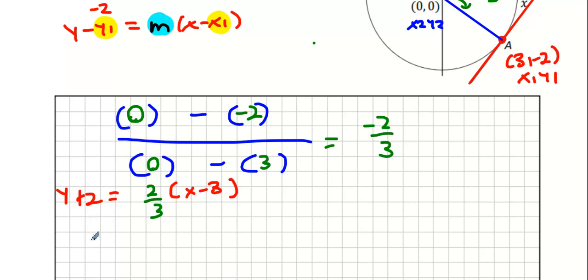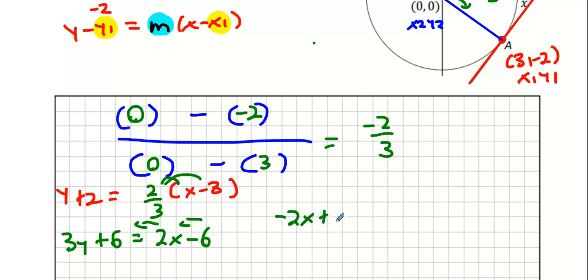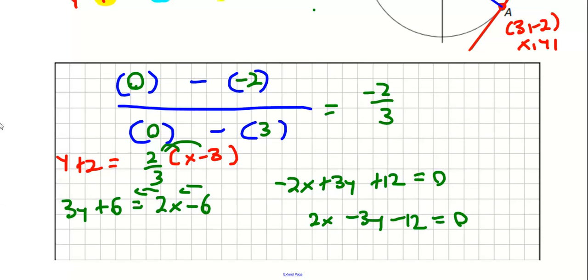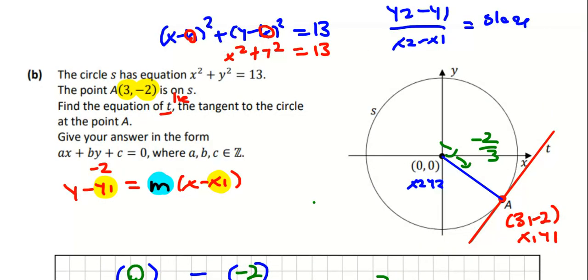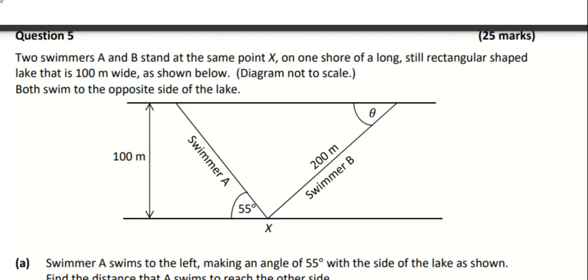You multiply it by 3 and you get 3y plus 6, and you get 2x minus 6. Bring it all the way over and you get minus 2x plus 3y plus 12 equals 0. And that's one answer. You could multiply both sides by minus 1 to get the other answer, and that there is the equation of your tangent. Happy days. All right, now we're on to question 5.